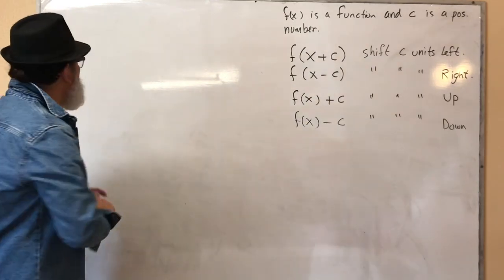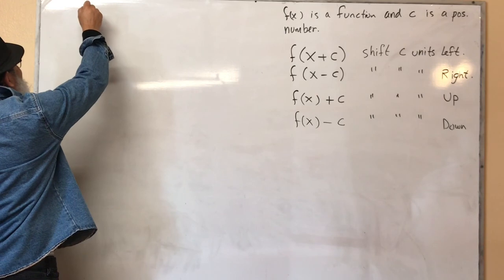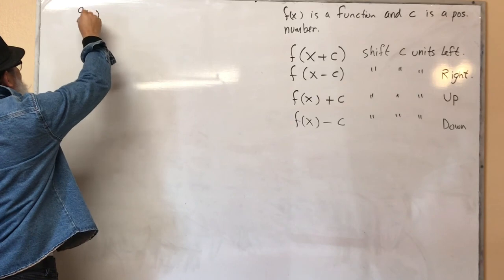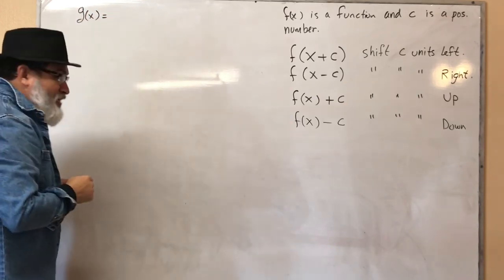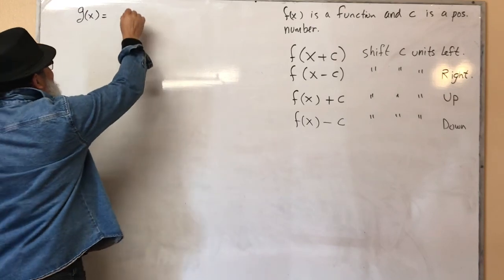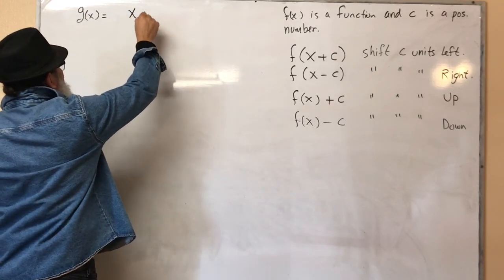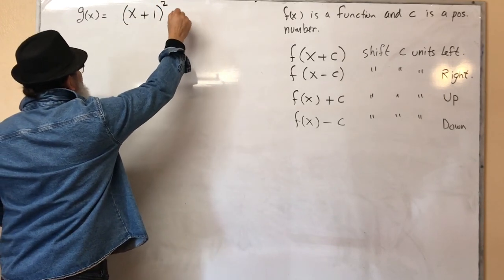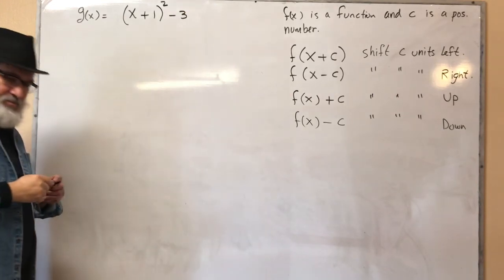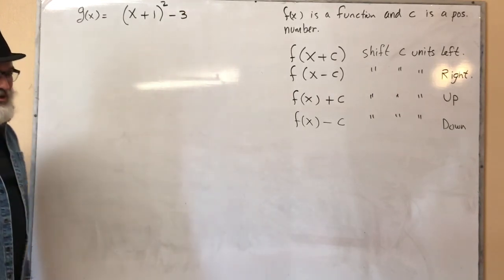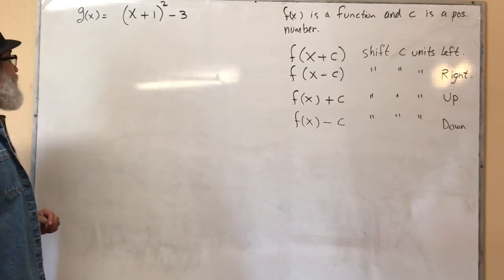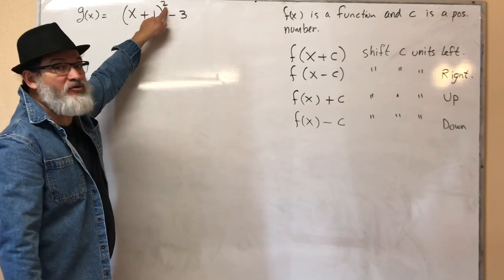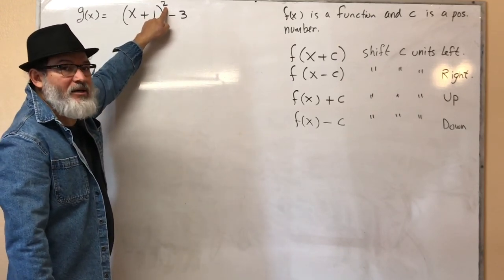Can we graph this? Let's call this g of x. g of x equals (x plus 1) quantity squared minus 3. Can we graph that? Do we recognize it? Well, this power of 2 tells me that we have a parabola.